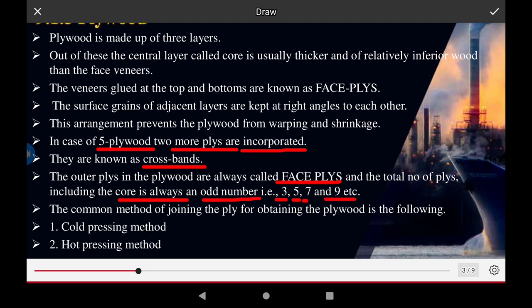The common methods for joining the plies to obtain plywood are the cold pressing method and the hot pressing method.